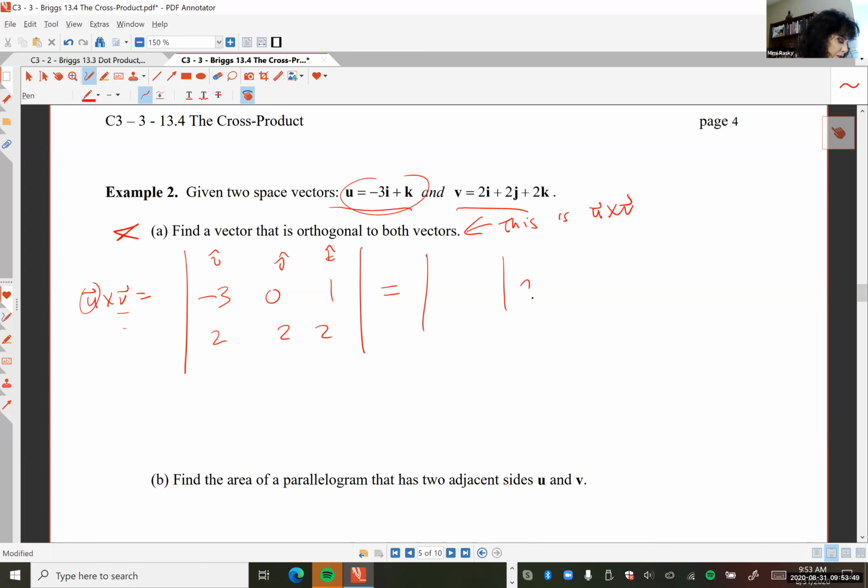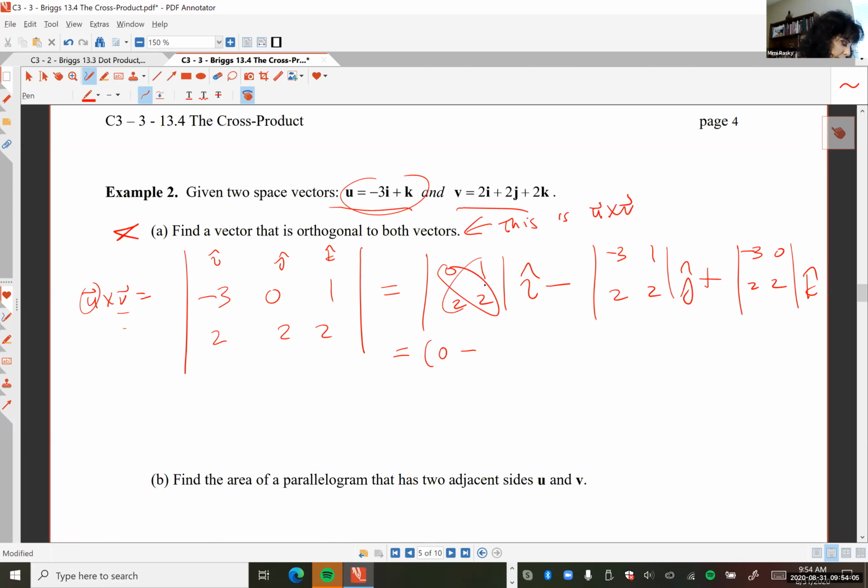So this will be a 2x2 i hat minus a 2x2 j hat plus a 2x2 k hat. Block out the row and column that i hat lives in, then j hat, then k hat. 0 times 2 is 0, minus 2, i hat, minus -3 times 2 is -6, minus 2, j hat, plus -3 times 2 minus 0, k hat.